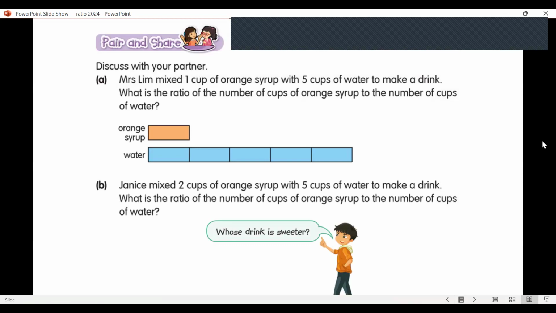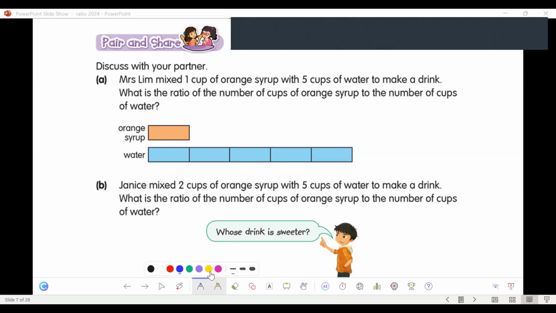Okay, so you look at this story here. Mrs. Lim made 1 cup of orange juice. I'm going to use, since earlier on we already started to talk about using different highlighters from the previous topic, area of triangle as well as volume, so I strongly encourage you to use the same idea here, because we are going to look at various objects, and they are all going to have different ratios, like fractions.